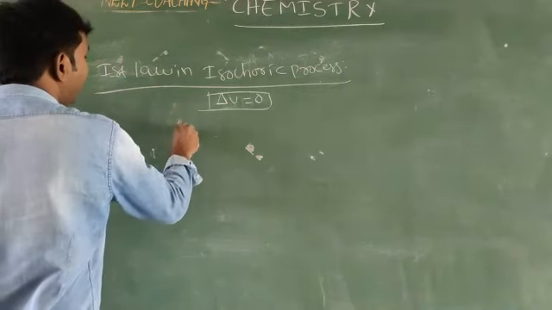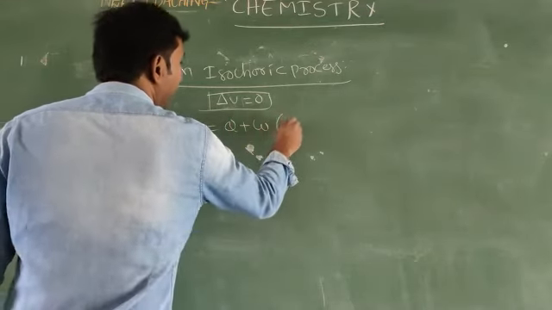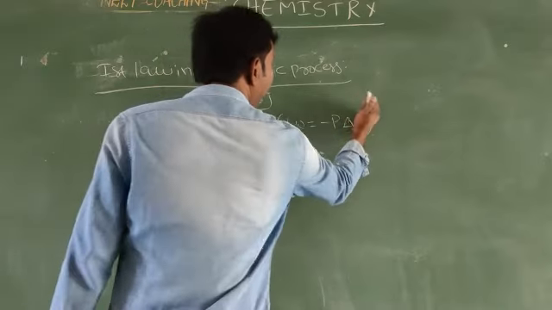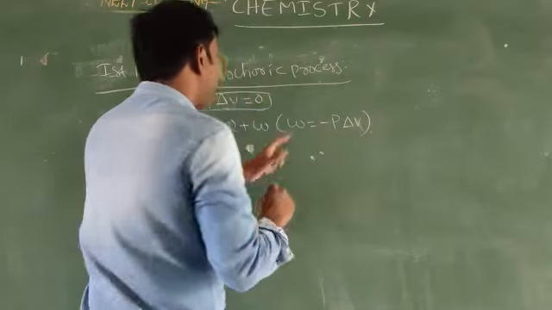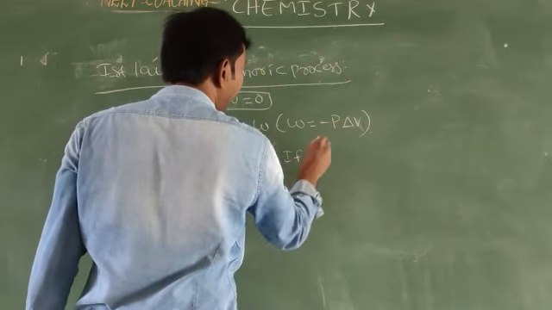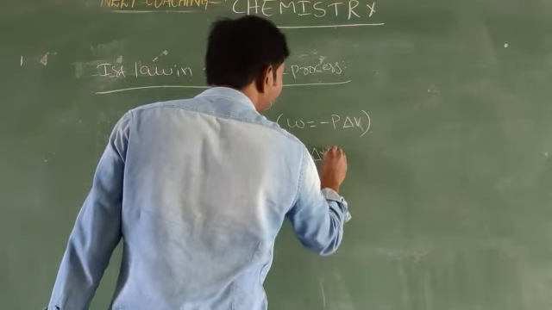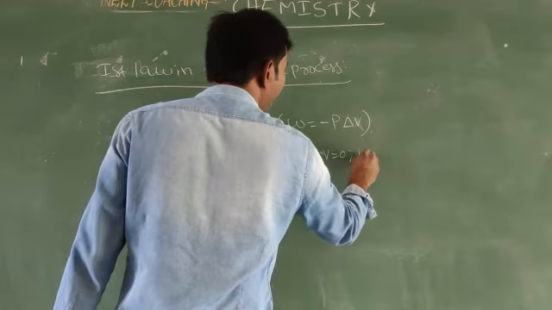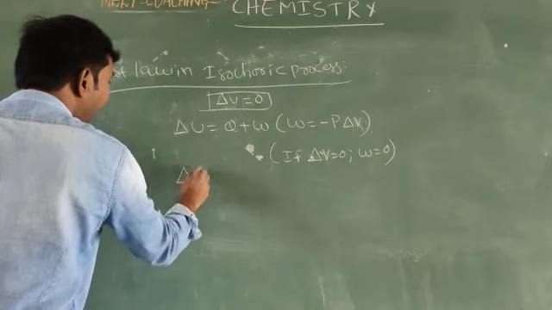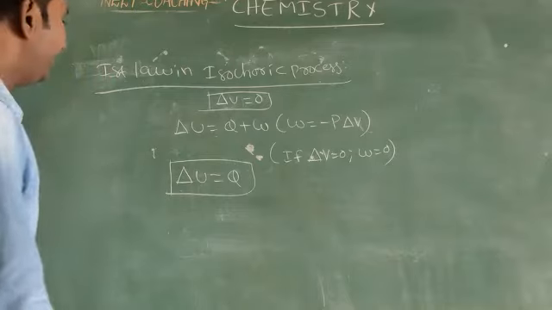So in the thermodynamic first law, del U equals Q plus W, where W equals minus P del V. Here del V equals 0, so total work equals 0. That's why del U equals Q.